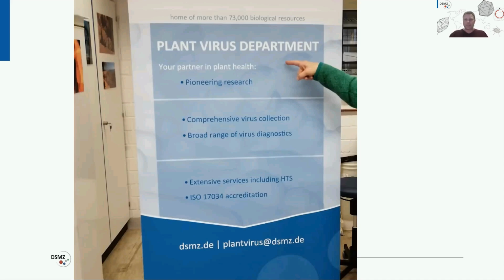We are proud to house an extensive collection of plant viruses and offer state-of-the-art diagnostic tools, like accredited ELISA tests, for example, or kits, or we perform virus discovery by next-generation sequencing or high-throughput sequencing. Our work is also at the forefront of virus research, from gene-level studies to understanding plant responses and diseases.